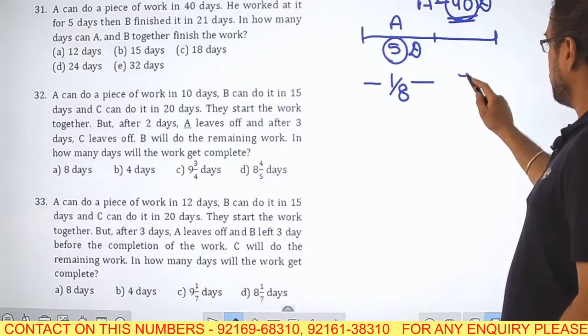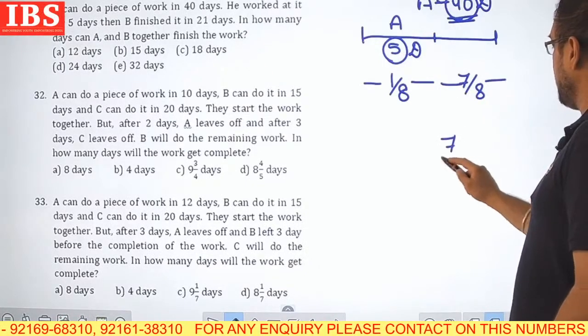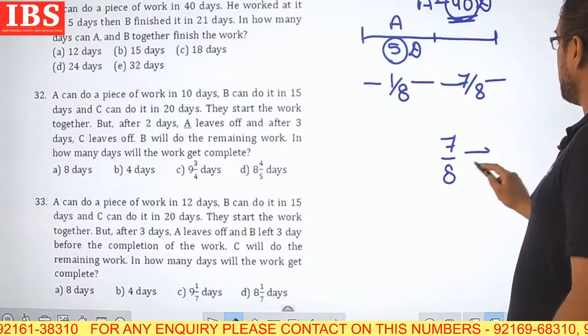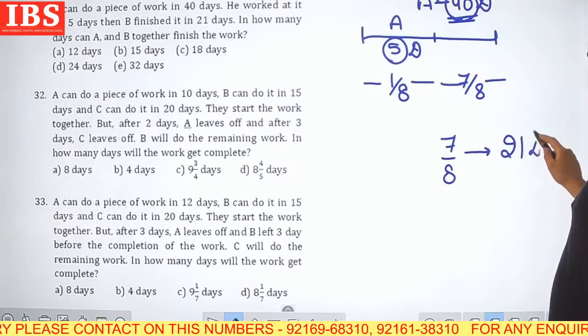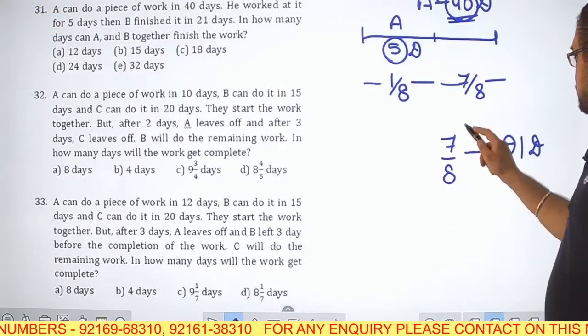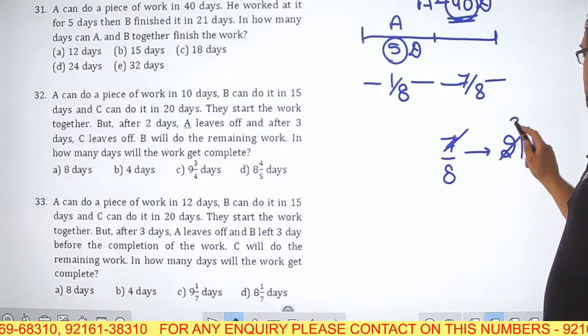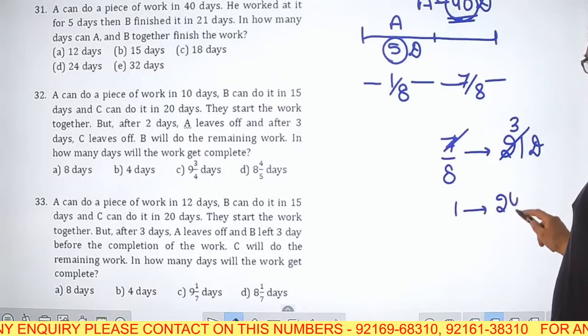Now the remaining will be 7/8. So this 7/8 work is done by B in 21 days. So the complete work will be done by B in 24 days.